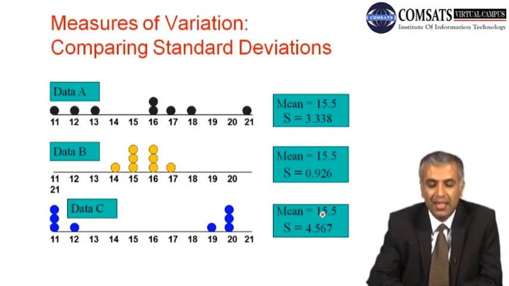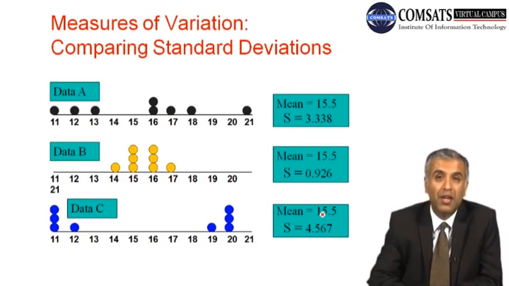Now coming to data C, we are dealing with values at the extreme ends, ranging from 11 to 20. Again we have the same mean, 15.5, but the standard deviation is very high, which is 4.5 here.